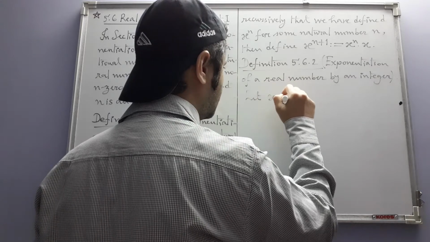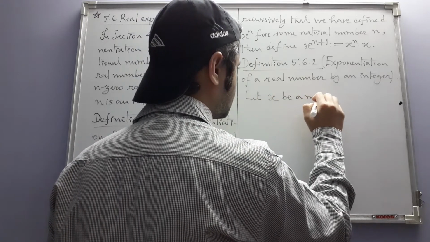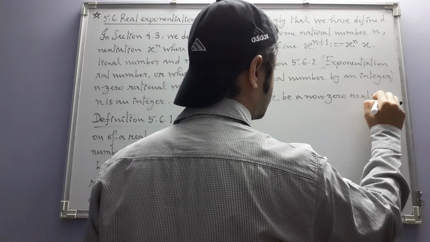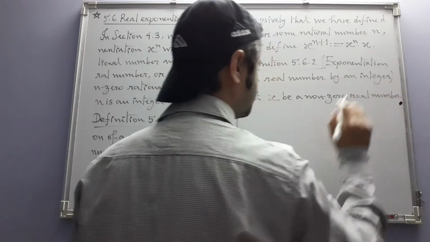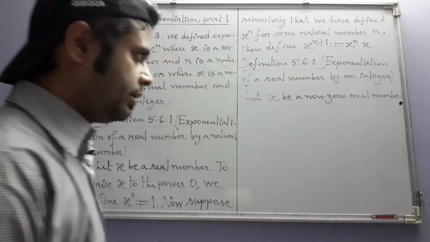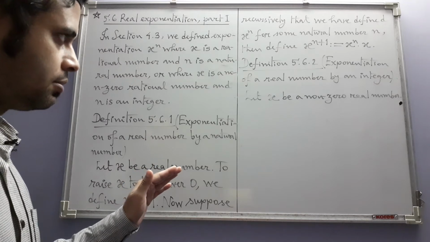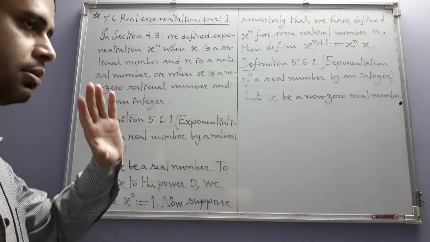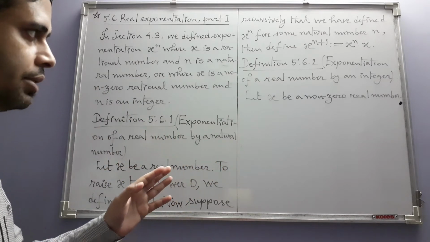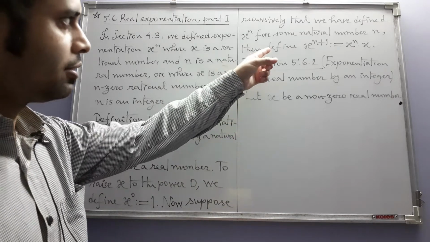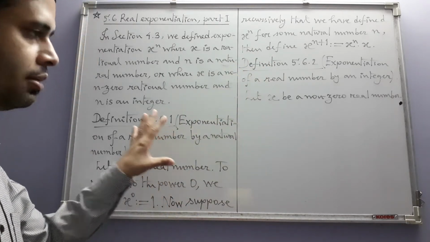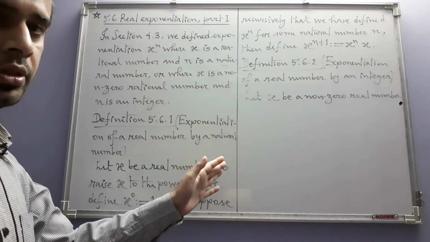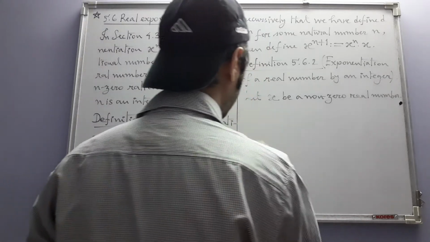Let x be a non-zero real number. If our exponent n is a natural number, I mean it's going to be an integer now, but if in particular it's a natural number, then we don't need to define anything new. Already we know what x to the power n means by the previous definition. So we only need to define the case where n is a negative integer, and that's what we are going to do.